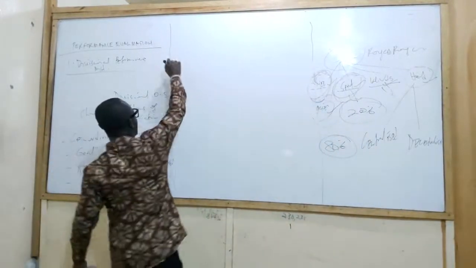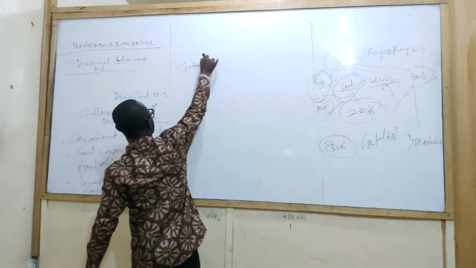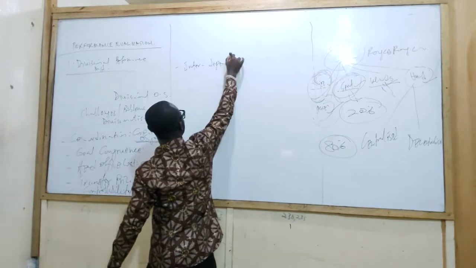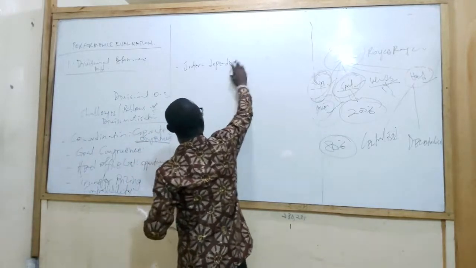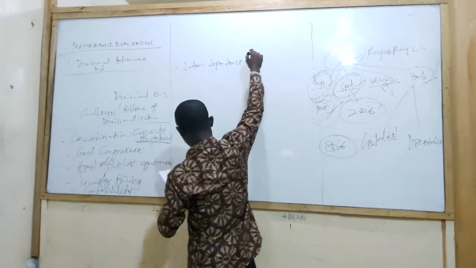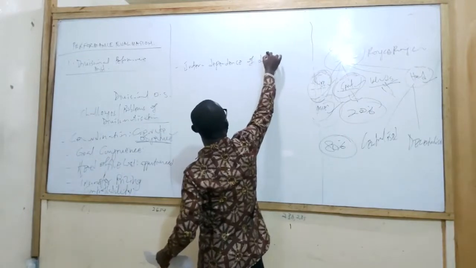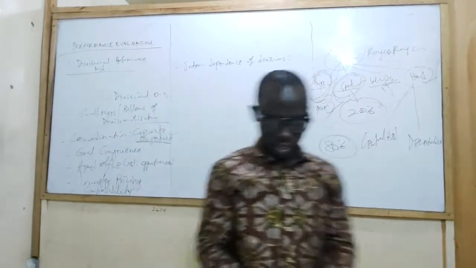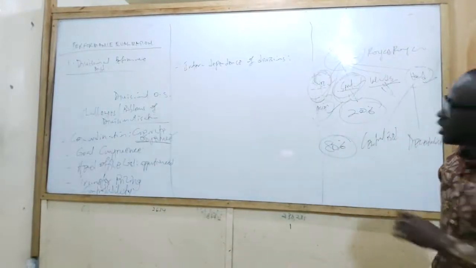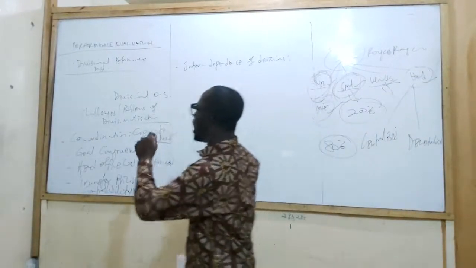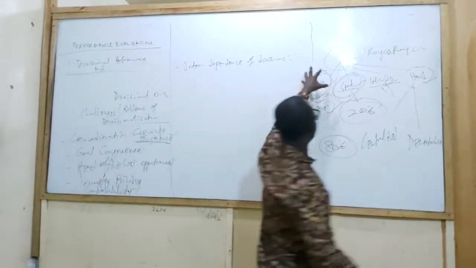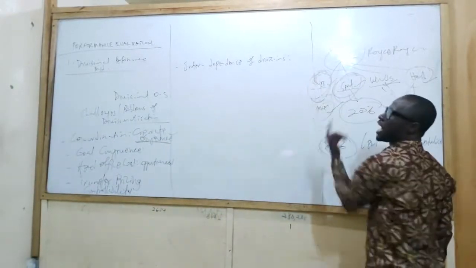And then the last one is the interdependence. Are you okay? The interdependence of divisions. When you undertake divisionalization, it means one division is going to be dependent on the other.